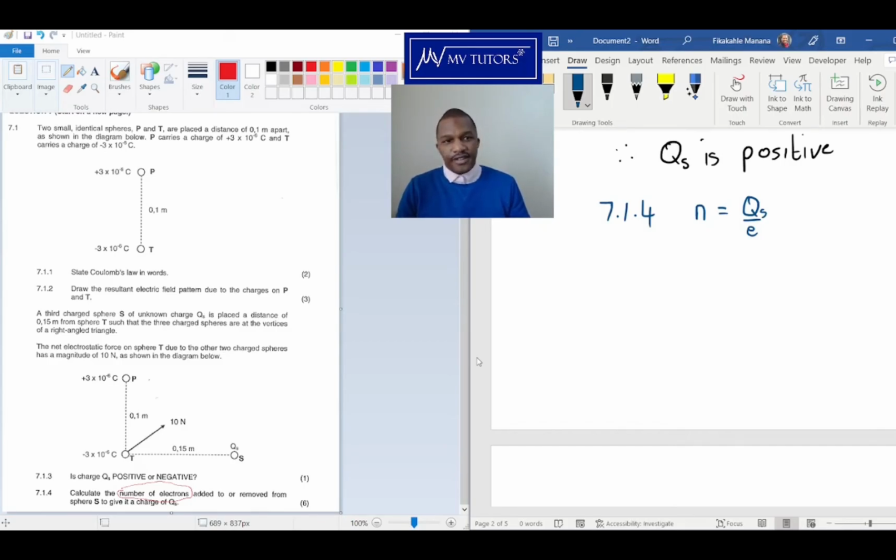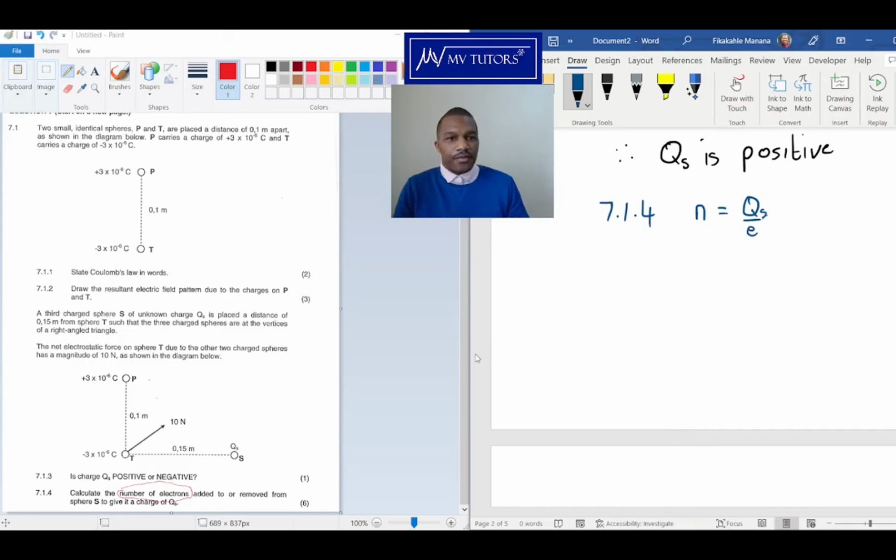How do we do that? Because we know that the number will be given by this equation. So to solve QS, we can start, we can use Pythagoras to get that charge.